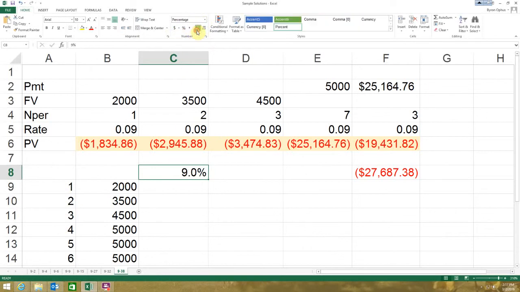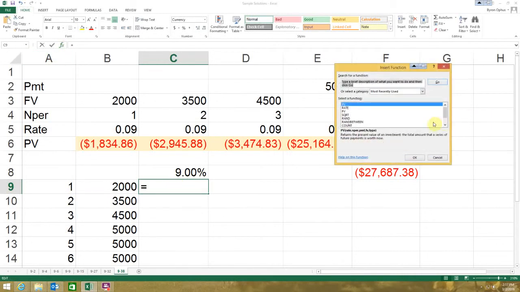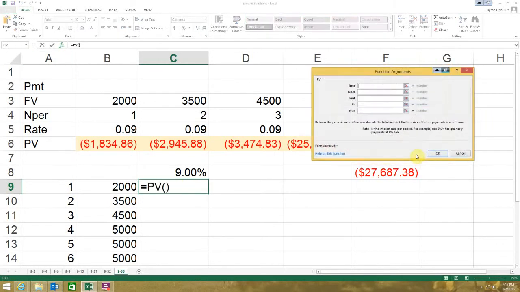If I want to calculate it this way, let me show you. I'm going to calculate the present value. My rate is 9%. My number of periods, let's click on this one over here, and my future value is going to be 2,000.